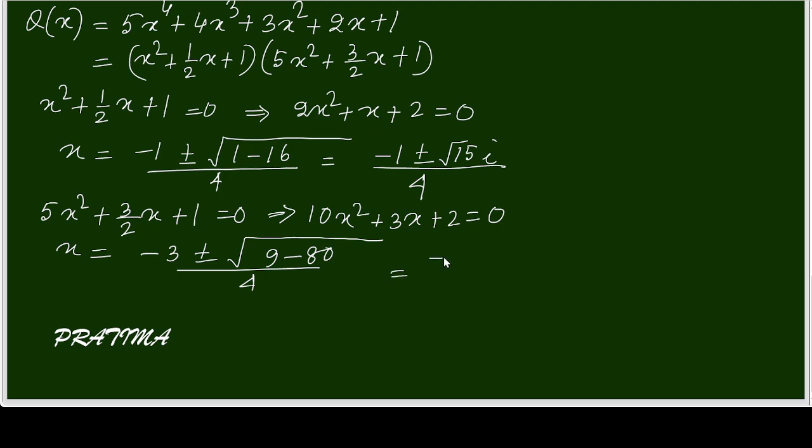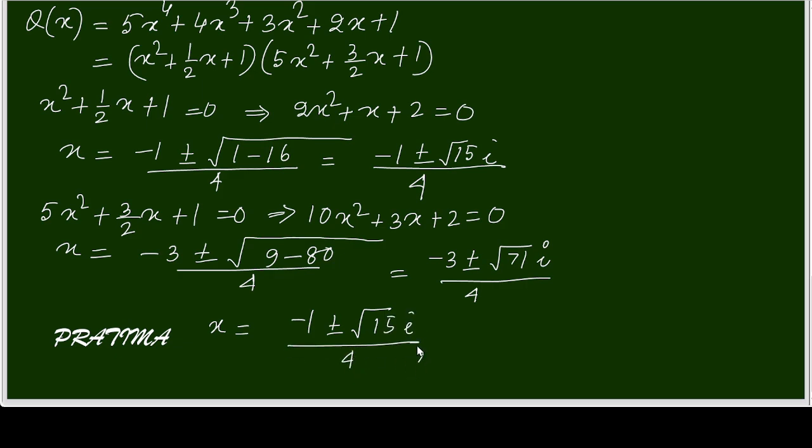This equals negative 3 plus minus root 71i over 4. So x has 4 values: root 15i by 4 and negative 1 root 71i over 4.